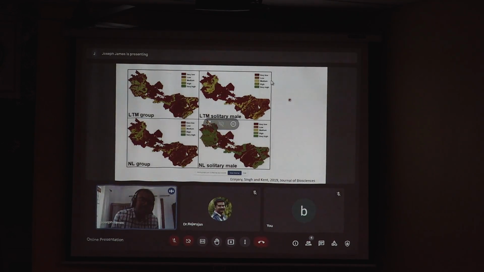This is one study which we performed for understanding habitat suitability of two different primate species in the southern Western Ghats, the study region which I previously mentioned. We looked at the habitat suitability of two primate species. One was a frugivorous species.